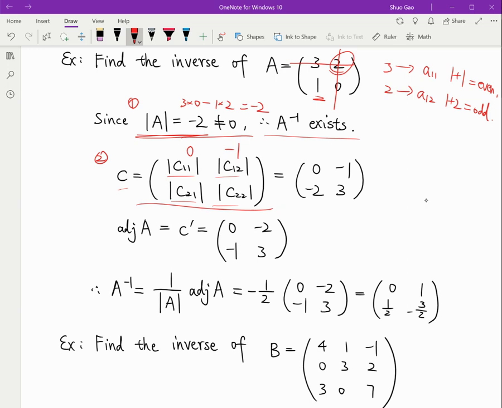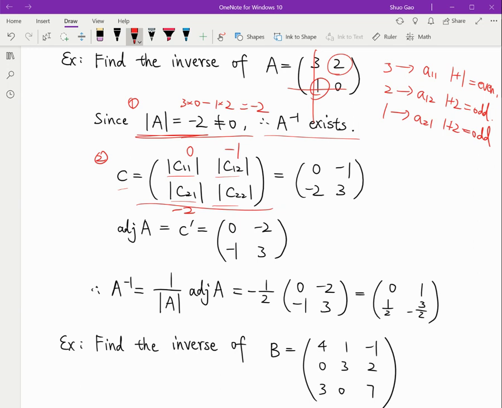And C21 is the cofactor of the element 1, the third element. We delete the second row and the first column, and we have 2 left. The number 1 is A21, and 1 plus 2 is odd again, so we also have a minus sign before the 2.